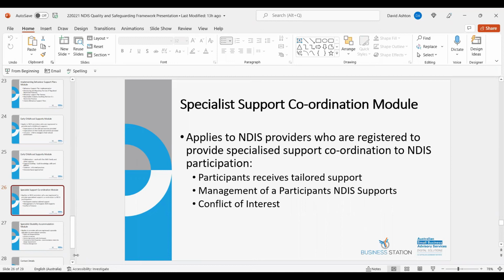So demonstrated knowledge and understanding of the risk factors experienced by each participant. Participants are involved in the evaluation of their situation. Consultation is undertaken with the participants and, with their consent, other parties in planning and coordinating supports. Preferences, circumstances, suitable NDIS providers and mainstream service providers that have appropriate skills and experience to deliver the required supports need to be engaged.